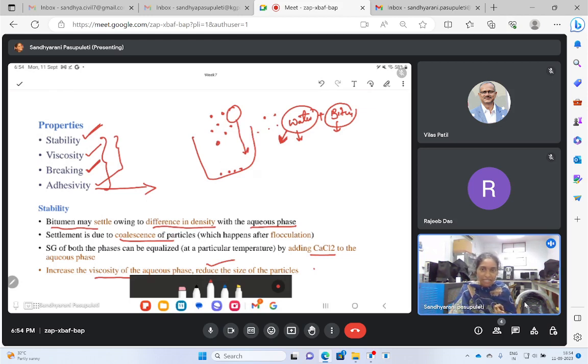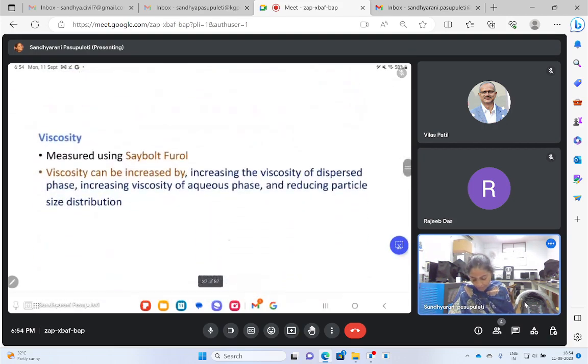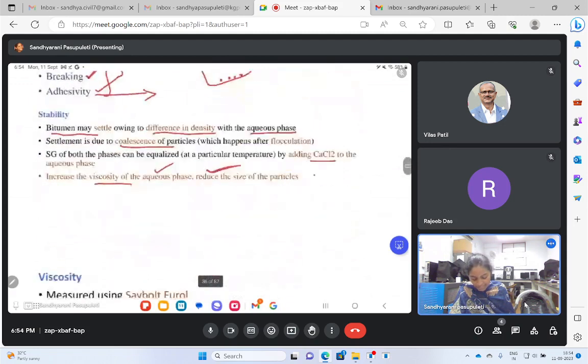Meanwhile, before it settles, it is still in the emulsification stage. As long as it is in the emulsification stage, if we bring the aggregates in contact, it will go and coat completely. So it is suggested that either we reduce the size of the particles, or we increase the viscosity of the aqueous medium by adding calcium chloride. So this is regarding the stability.